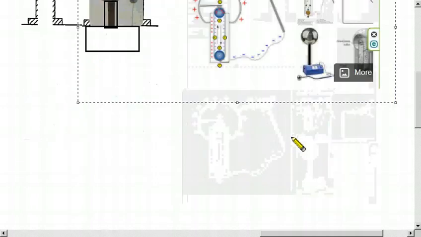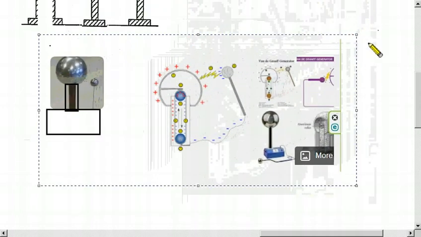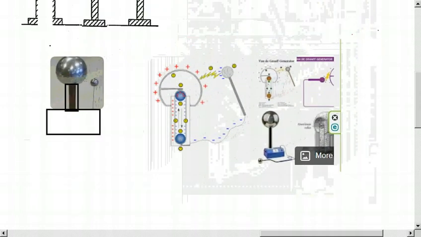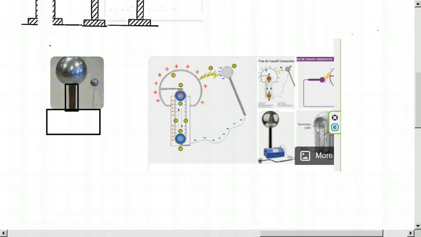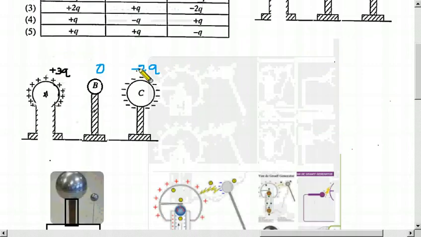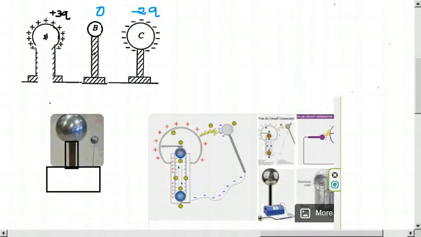This one you might have seen. This one is called Van de Graaff generator. So there is a gap like this, so that we can reach from inside. We can take any charge along this gap and touch from inside.